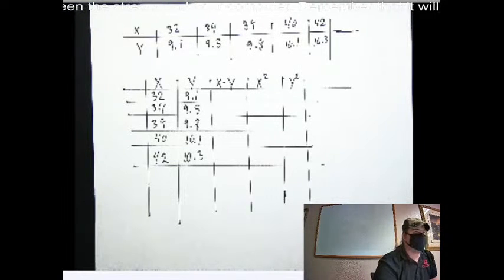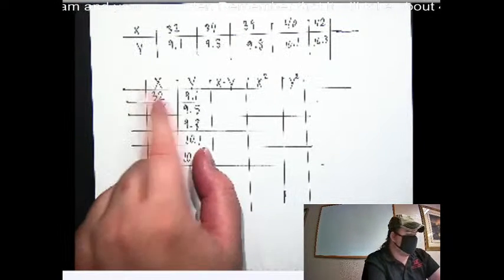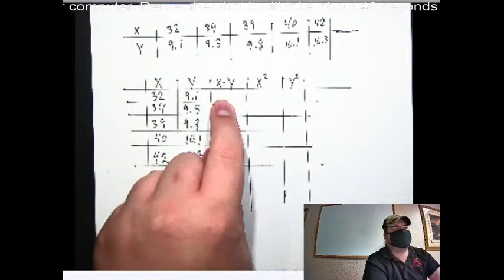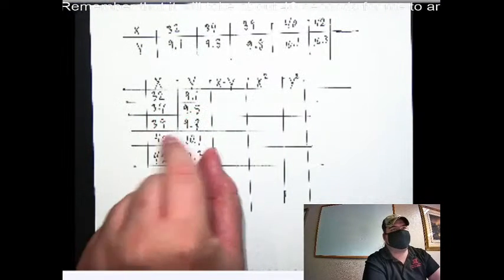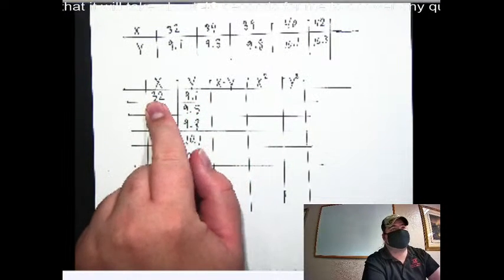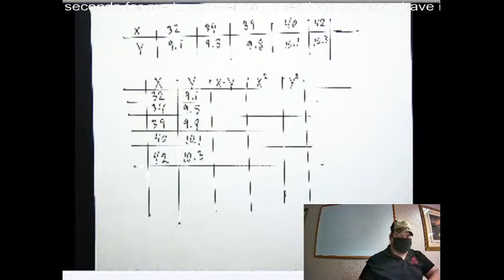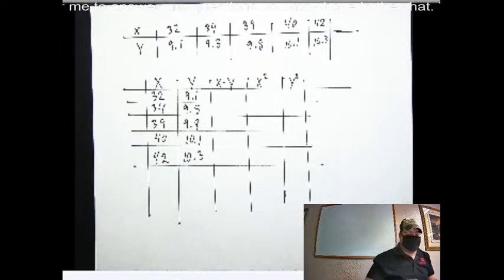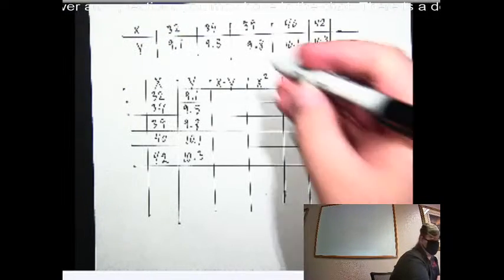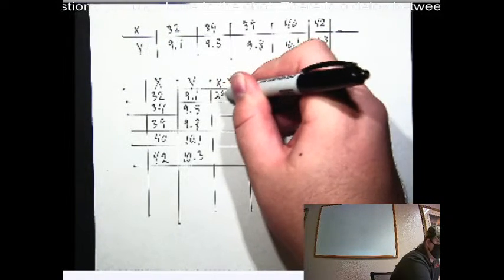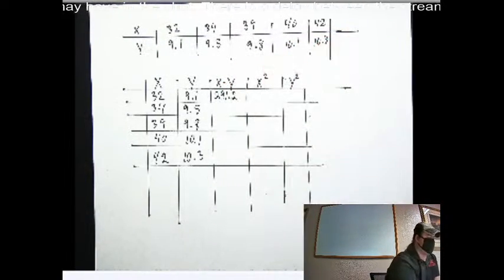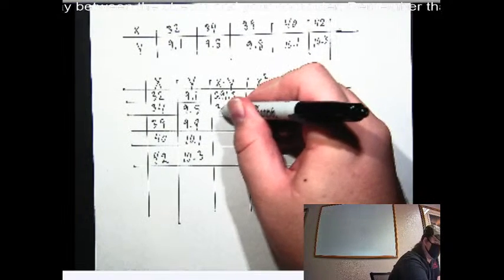So, first of all, x times y. This is literally multiply x, multiply y, see what you get. And we're going to do that for each of these rows. So for instance, 32 times 9.1, if we multiply those together, we get 291.2. 34 times 9.5, we get 323.